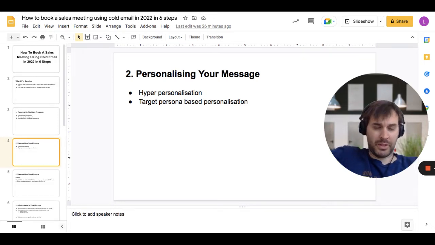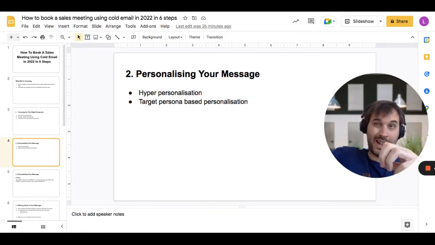First is hyper-personalization, which means literally every email you create is unique for that specific prospect. In my opinion, this is not necessarily relevant for most businesses.